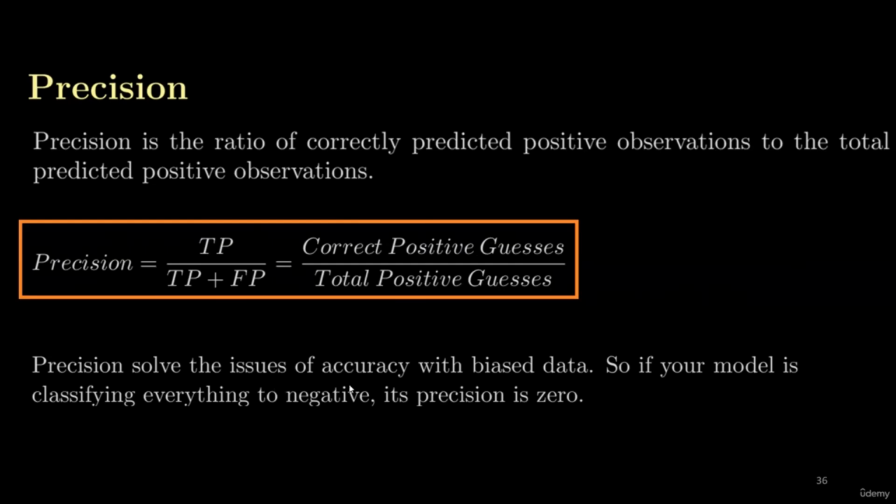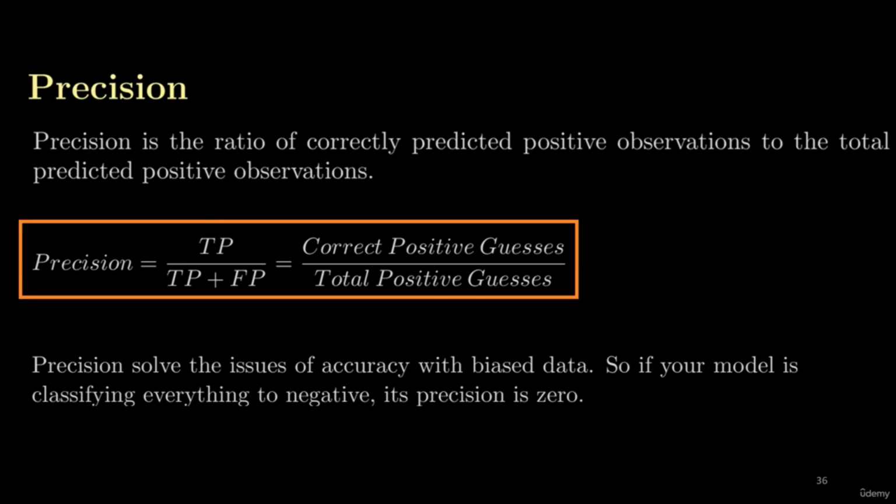So precision solves the issue of accuracy with biased data. If your model is classifying everything as negative, now its precision is 0. In precision, there is nothing about the negative class. All the components are positive. So if our model has decided to predict everything as negative, its precision is 0.